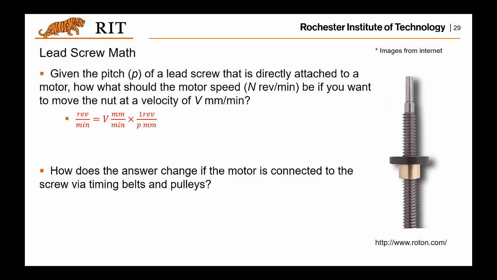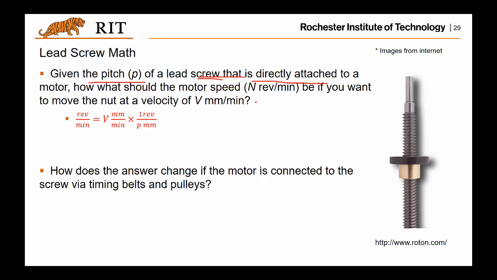So there could be other questions in the opposite direction. Again, for example, there's a pitch given, right? And you also know the screw is attached to the motor directly.